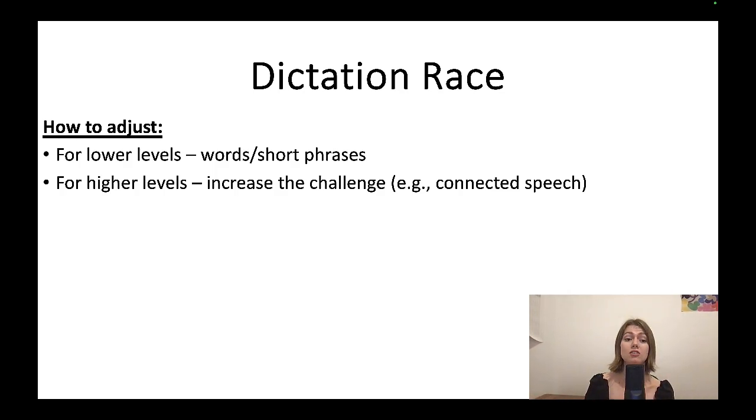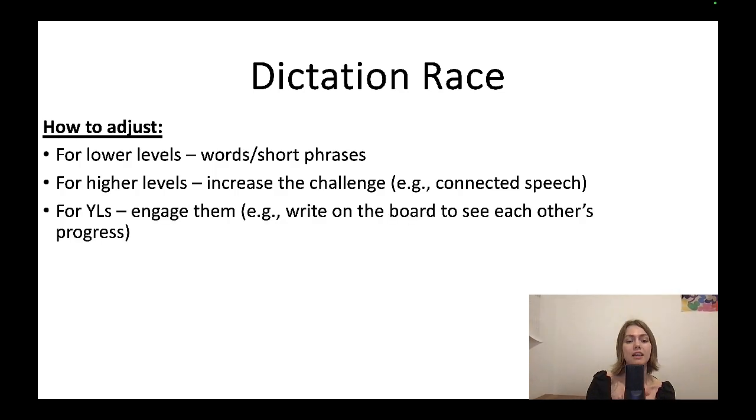Or you can use it as a test and then not say anything about it, keep your ears peeled, listen to what's going on as they dictate it, and then use it as an intro to teach them some pronunciation, right? So it's like a test-teach-test kind of thing.